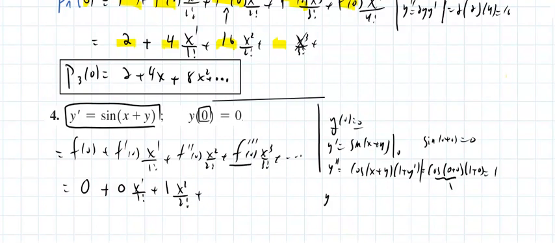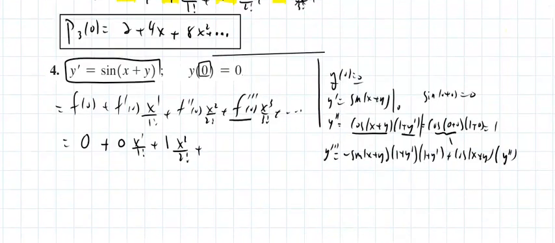If I take a third derivative, in this case that's going to be negative the sine of x plus y times 1 plus y prime, plus the cosine of x plus y, derivative of the first times the second plus the first, and the derivative of this will be 0 plus y double prime.